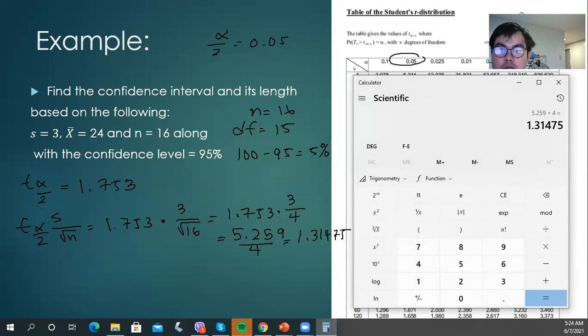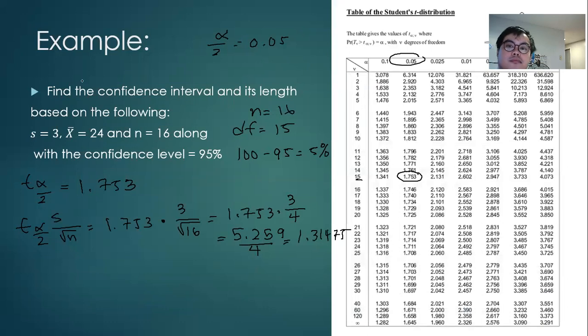Now we are going to find the confidence interval. The upper bound is the mean plus 1.31475, so the sum will be 25.31475.